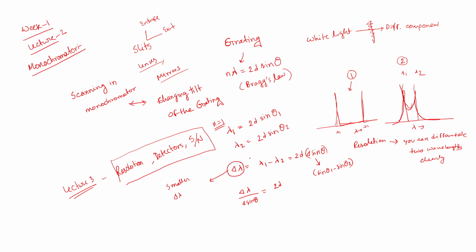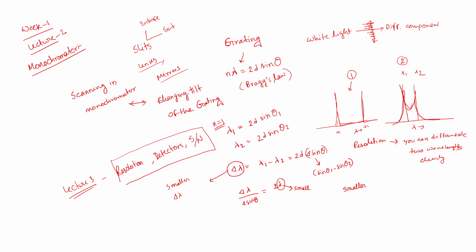If delta lambda is smaller, then your resolution is high, and to get a small delta lambda you need d, the distance between the grating lines, to be small. You can't really play with theta 1 and theta 2, because at a particular theta 1 you get lambda 1, and at a particular theta 2 you get lambda 2.